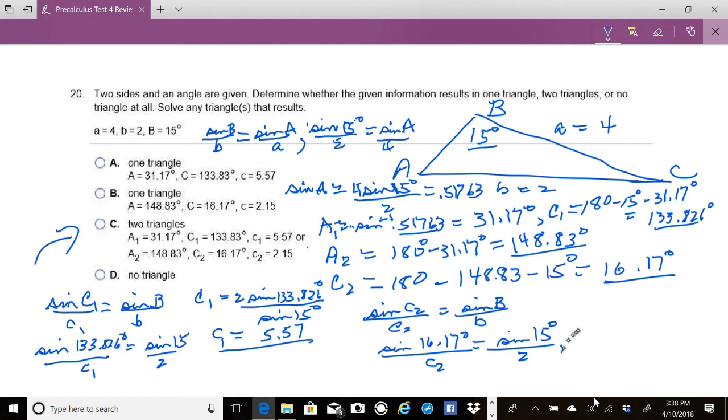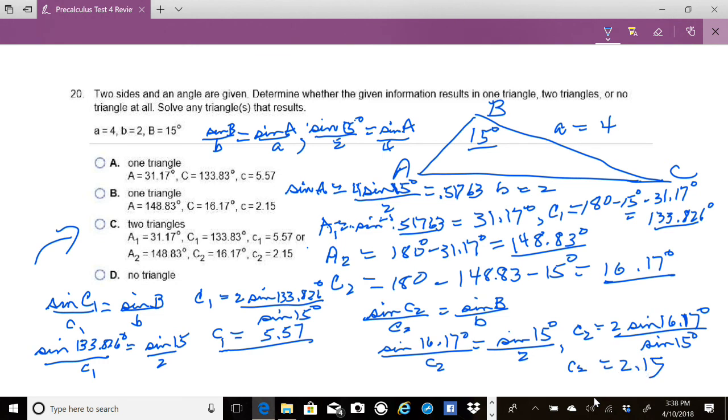And then finally, C2 equals 2 sine 16.17 degrees divided by sine of 15 degrees. So finally, C2 is equal to 2.15.